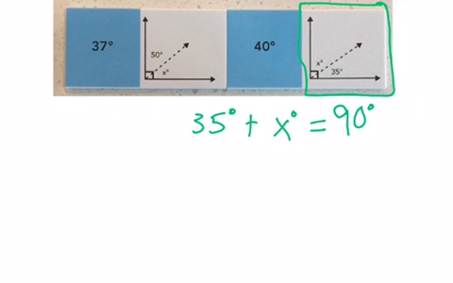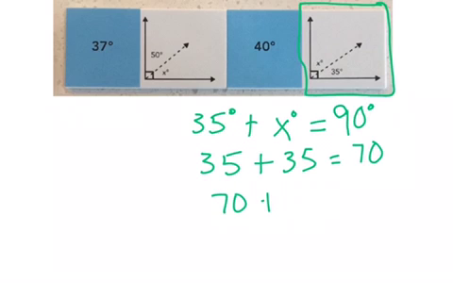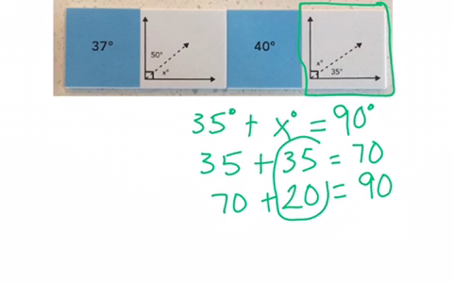Well, I can add up. I could do 35 plus 35, which would get me to 70, but I'm not quite to 90 yet. How many more would I need to get to 90? 70 plus 20 would get me to 90. So, what's 35 plus 20?